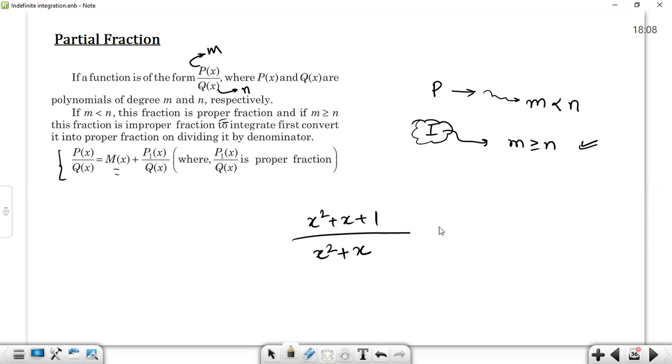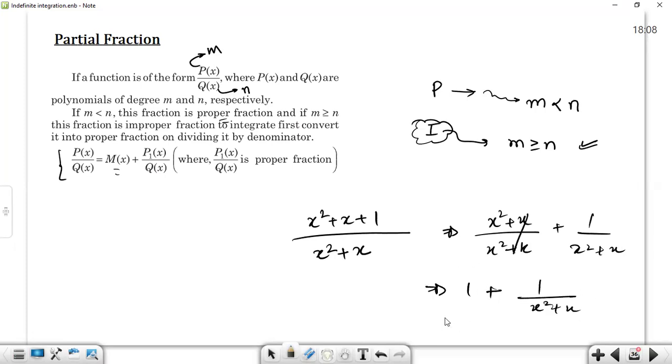The degree is the same, so we simply write the numerator separately. This becomes 1 plus 1 upon x square plus x. Now we will be easily able to integrate this format. That's the concept. Now we will be discussing different techniques using which we can write functions from this format to a segregated format.